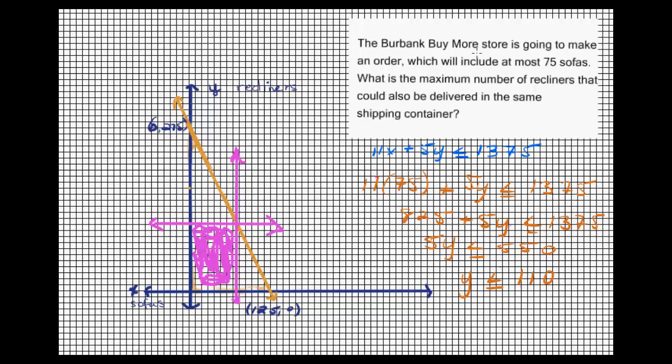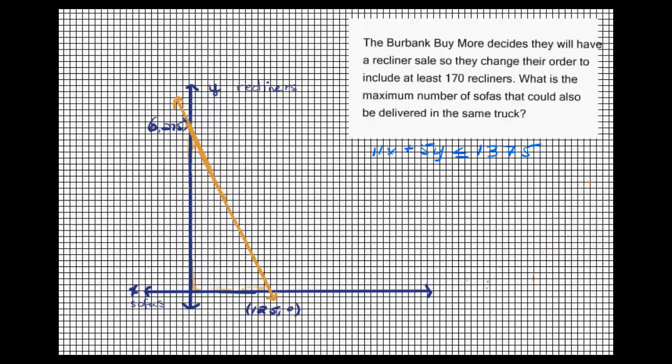So let me go ahead and redo this problem. We're going to substitute the given values. Remember, we're dealing with recliners, so we're dealing with the y coordinate. Let's plug that value in. So we have 11x plus 5 times 170, which is 850, less than or equal to 1375.